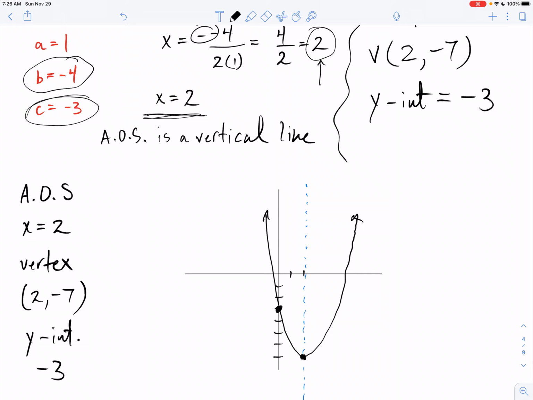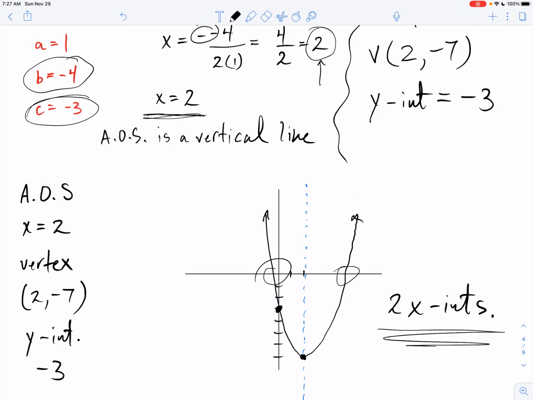I can tell it's a parabola, and I can also answer the last question now. I can tell you that this graph obviously hits the x-axis twice. So the number of x-intercepts, there are 2 x-intercepts. Now the x-intercepts, like I said before, that's where we're going to end up doing a lot of work for the remainder of this unit.